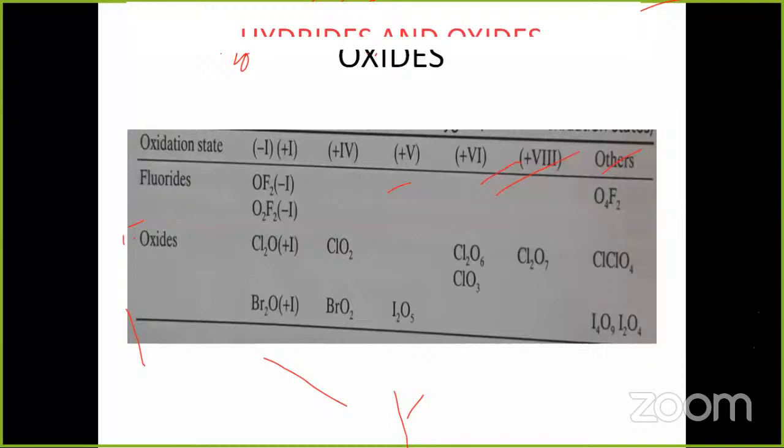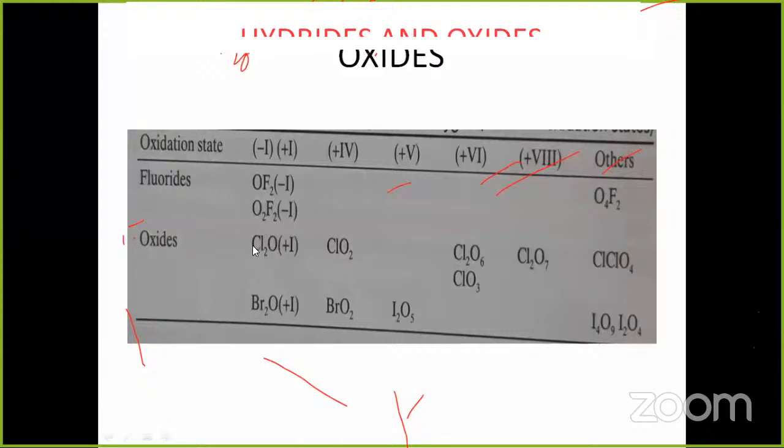So out of these two, which is more electronegative? Fluorine is more electronegative. So the less electronegative one is the prefix and the more electronegative one is the suffix. So dioxygen difluoride, oxygen difluoride. Casually we say fluorine monoxide, fluorine dioxide, but no, the right names are oxygen difluoride and dioxygen difluoride. Okay? And these are the fluorine oxides. Now in this compound, which one is more electronegative? Oxygen.